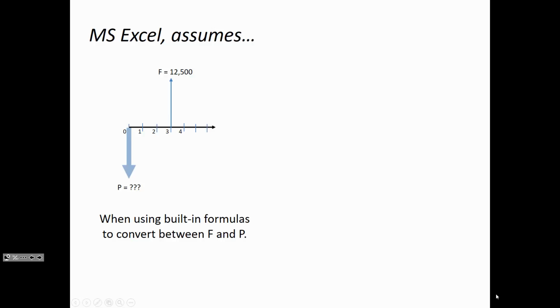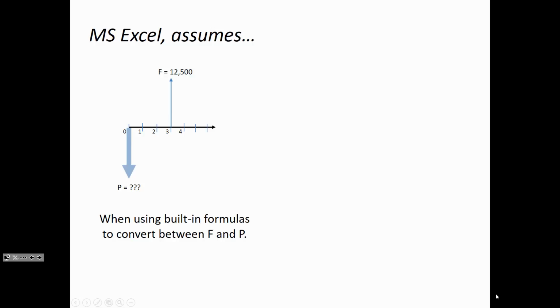When you are using those pre-existing functions like equals PV, Excel is assuming that you have some future value, for example, and you want to find out what is the deposit that would be required in order to make that future withdrawal possible. I mean, they could have assumed one of 2 things. They could have assumed, in other words, that the present amount is an inflow or an outflow.